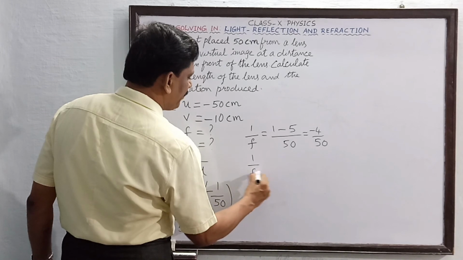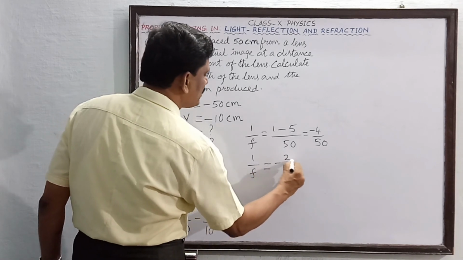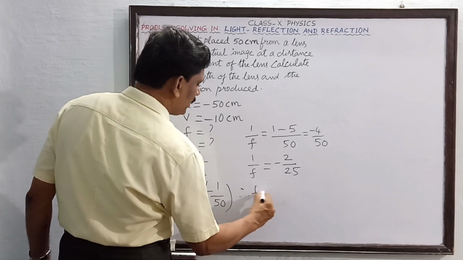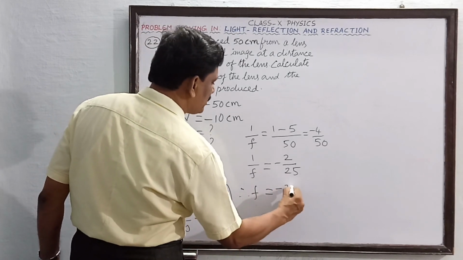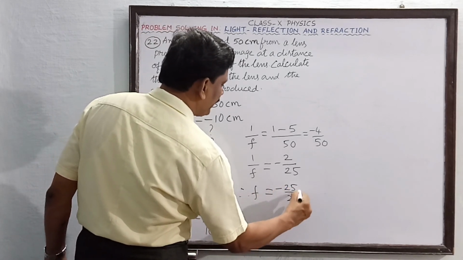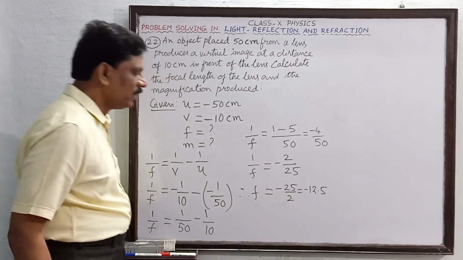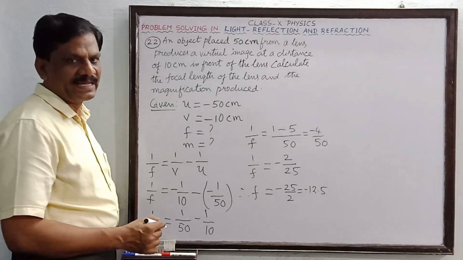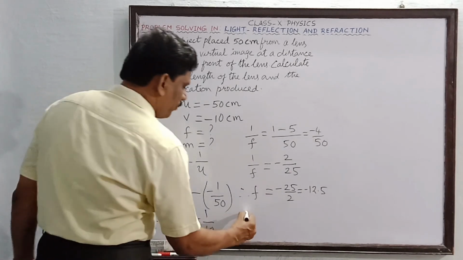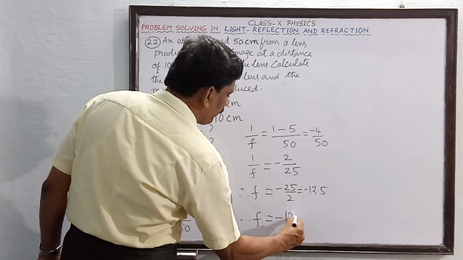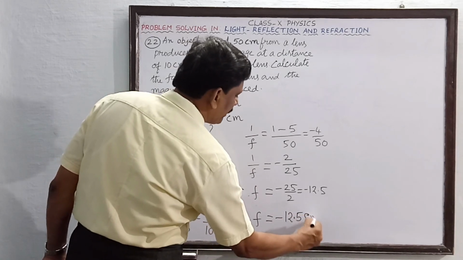So 1 by f is equal to minus 2 by 25, or f is equal to minus 25 divided by 2, that is equal to minus 12.5. So the focal length is coming as negative. So the focal length f is equal to minus 12.5 centimeter.